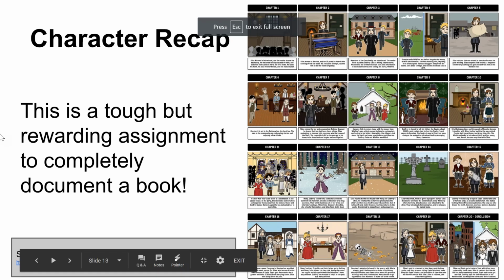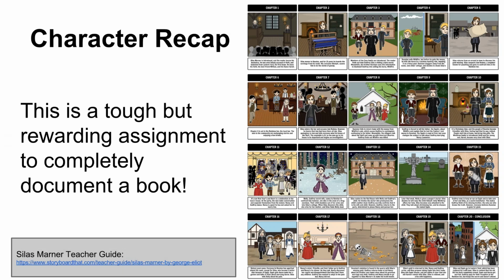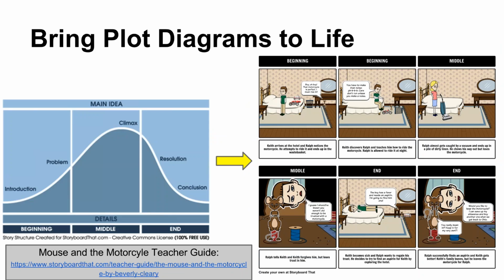That's a similar idea to the character recap, which is a more detailed version of what I just did, where our students are doing a scene from each chapter of a book, or doing something like this, where we put in a plot diagram, which is also kind of what I was beginning to do there with my book story about Mount Everest, where we're putting in beginning, middle, and end of the story.